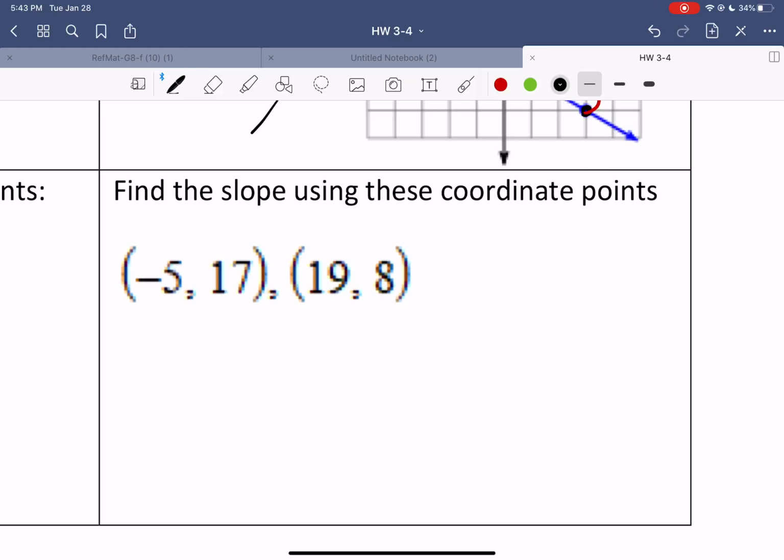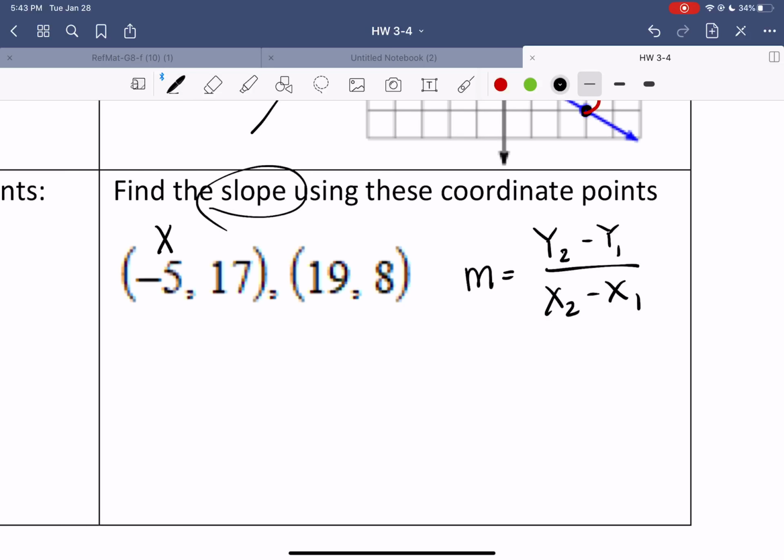All right, this one, it says find the slope using these coordinate points. So we could draw up a graph, but these points are pretty big, so I'm going to use the slope formula that states the slope equals y2 minus y1 over x2 minus x1. So I'm going to go ahead and label.